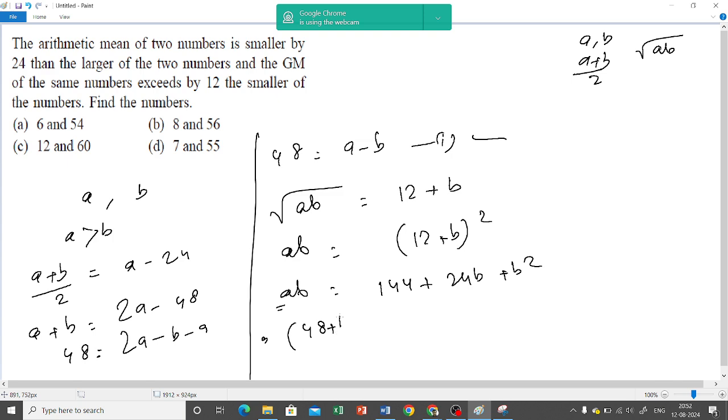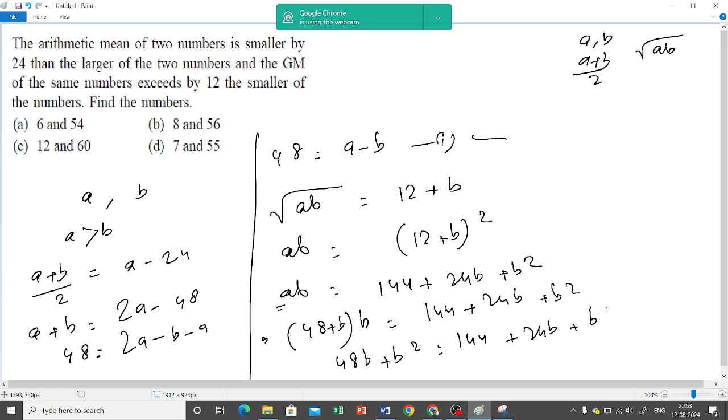So 48 plus b into b is equal to 144 plus 24b plus b square. That is 48b plus b square equals 144 plus 24b plus b square.